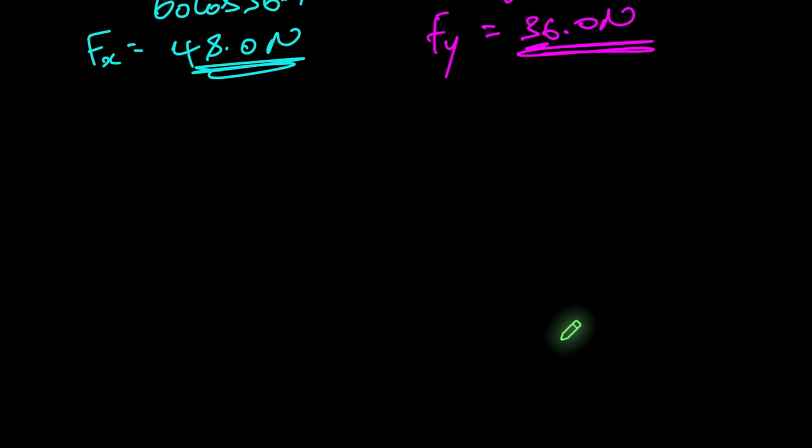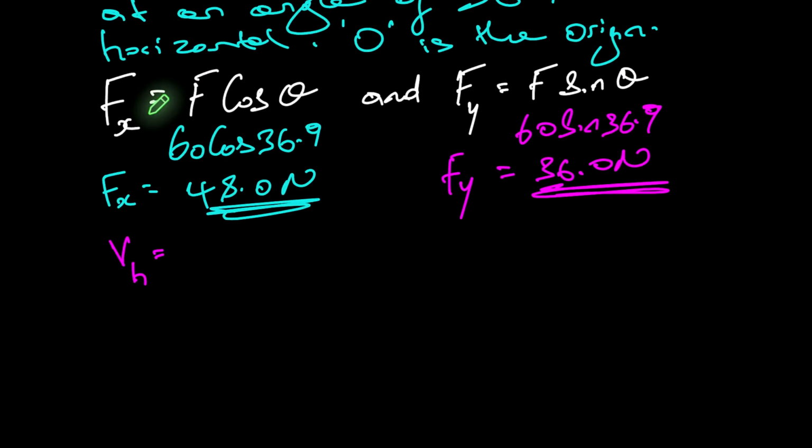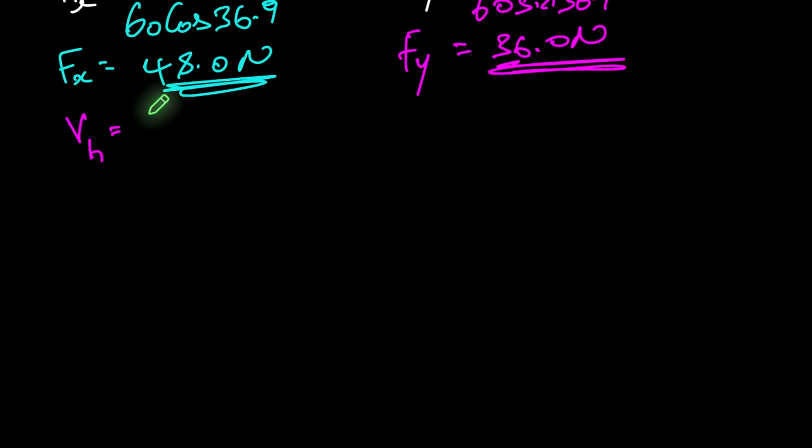So the first thing to note is that the horizontal component uses the vertical distance. So I'll just make a note of that. Our vertical distance, I'll just put VH for vertical height or distance from our coordinate, which our coordinate was, let me just have a look. Our coordinate is (4, 3). So our vertical distance then will be 3 meters.